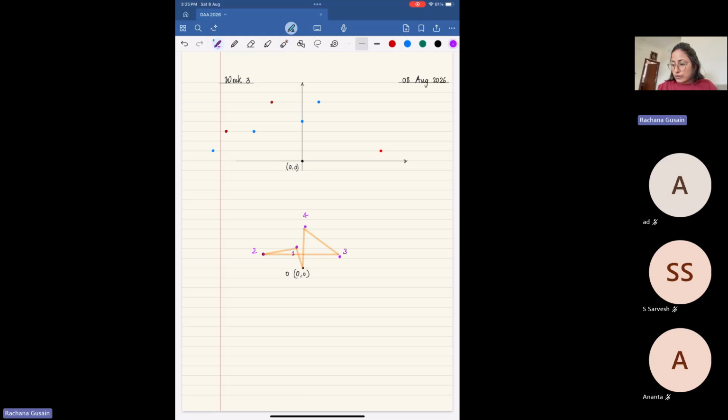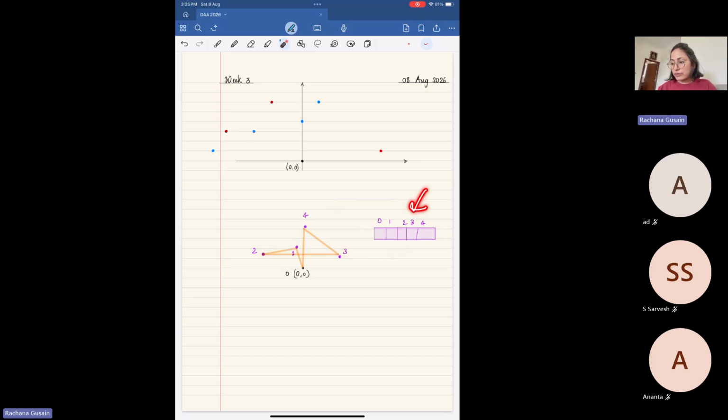See here, these points are stored in an array, a linear array. So here I have the origin stored, the point with coordinates 0, 0. At 1, whatever are the coordinates of this point, that point is stored here. Then point 2, point 3, and point 4.